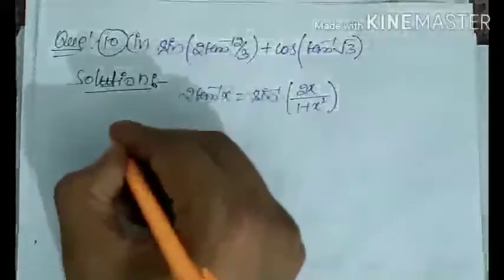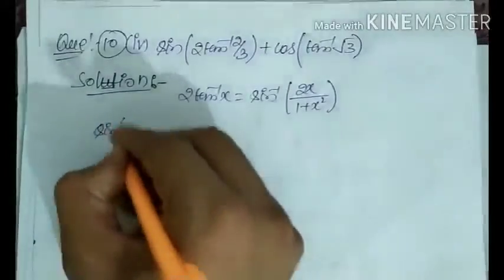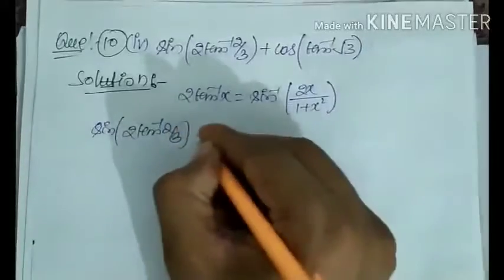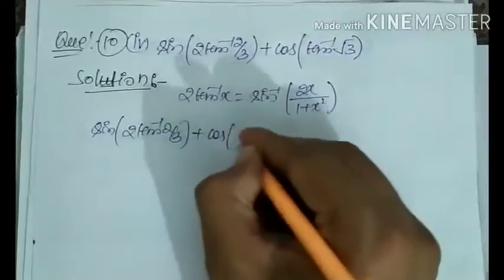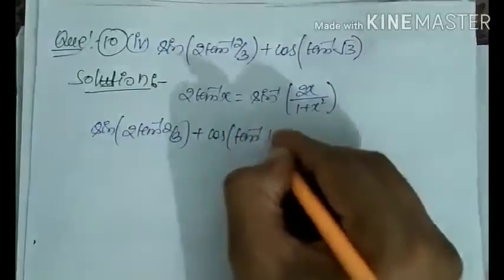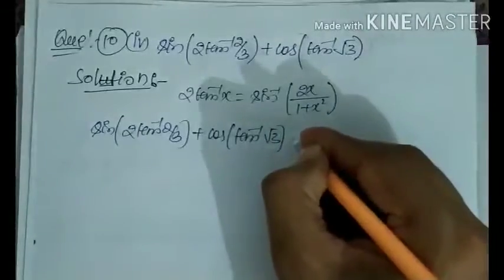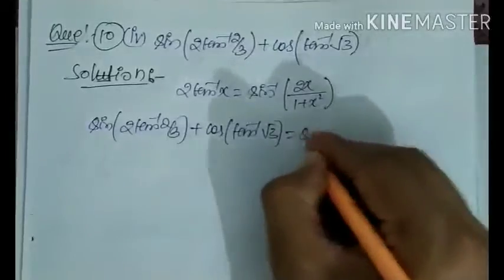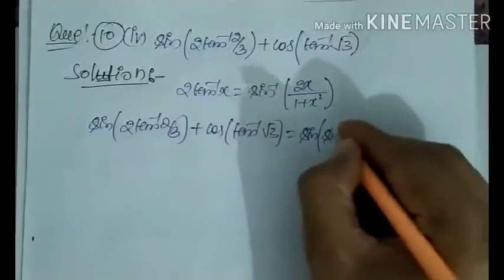Then our question will become sine of 2 tan inverse 2 by 3 plus cos of tan inverse root 3 is equal to sine of sine inverse.